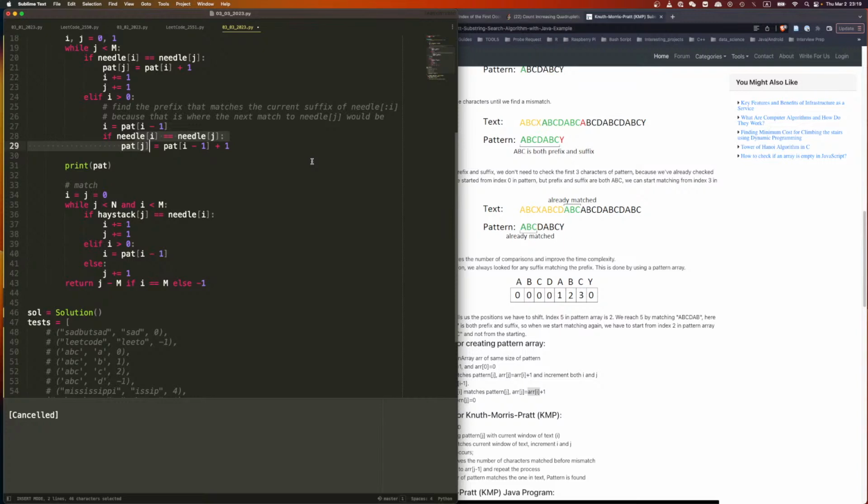No, the previous one match. This one's matching this, right? But I just don't know how much is the previous. So this one, say if it's 3. And if these two match, shouldn't that be 3 as well? Yeah, that's something I don't understand. But it does make sense that if pat I is 0, right?